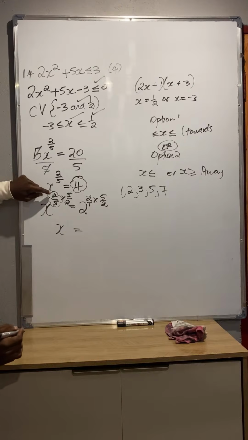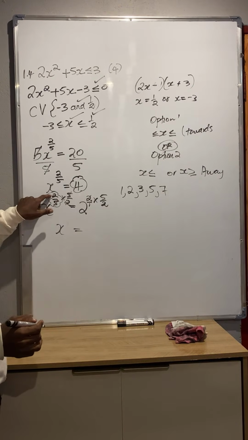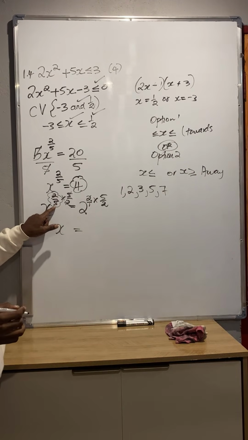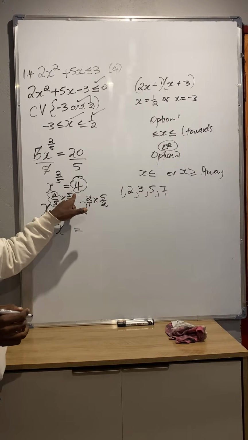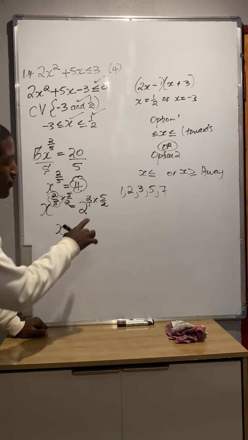Remember, this is 2 over 1. The same way as 2 was the denominator and 2 was the numerator, they had to cancel each other. 5 was the denominator and the other 5 was the numerator, they had to cancel each other. So the same thing went on.